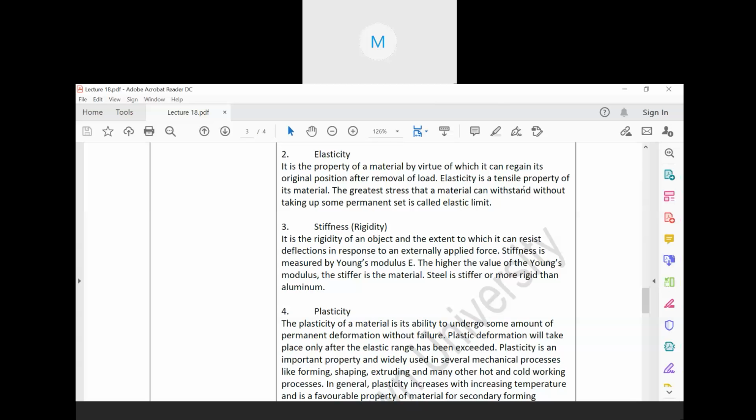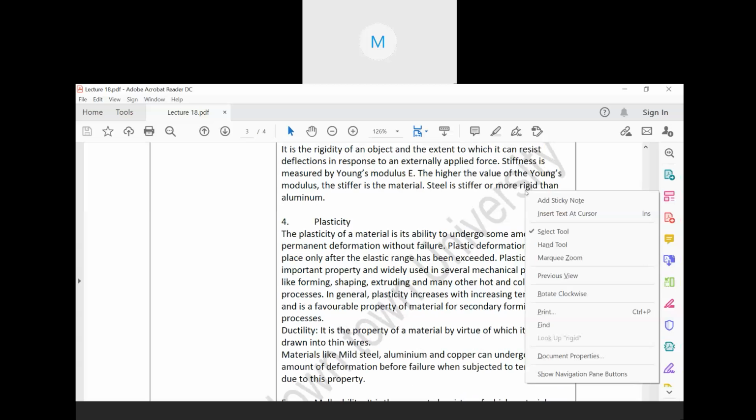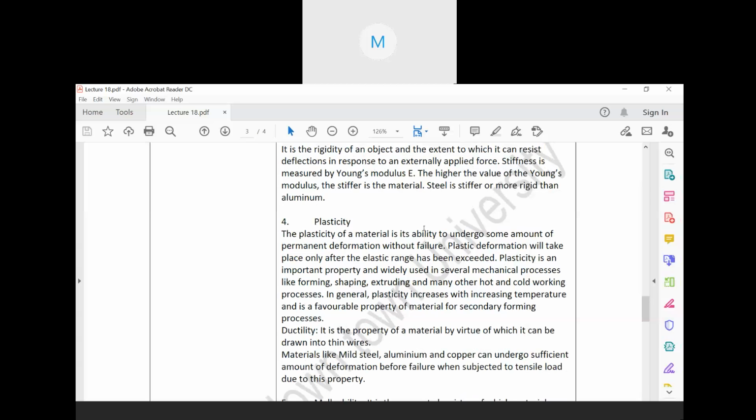Now it is that property of a material by which it can resist deflections, and this is measured by Young's modulus. Now we go to the next one, that is plasticity. What is plasticity?